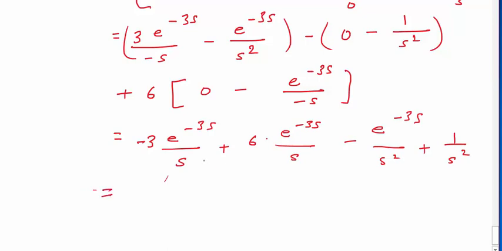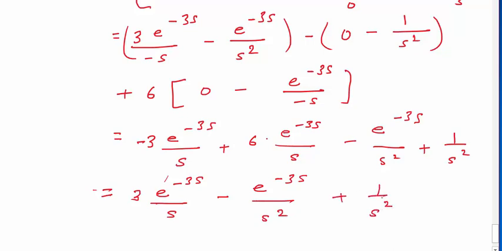This will be equal to, now this is minus 3 and this is plus 6, so minus 3 and plus 6, the result will be 3 times e power minus 3s upon s, then minus e power minus 3s upon s square plus 1 upon s square.